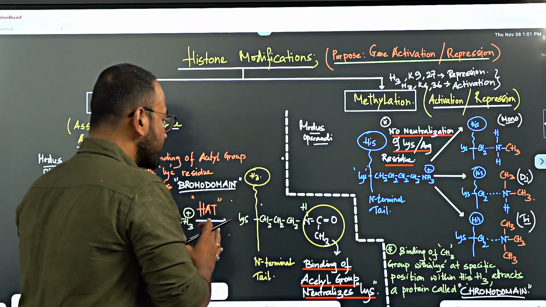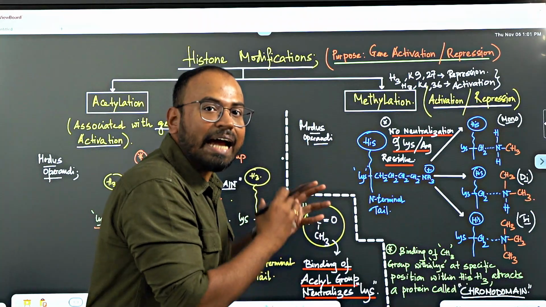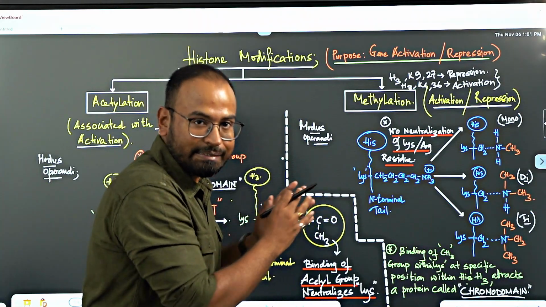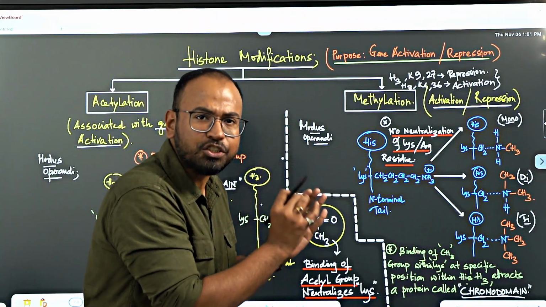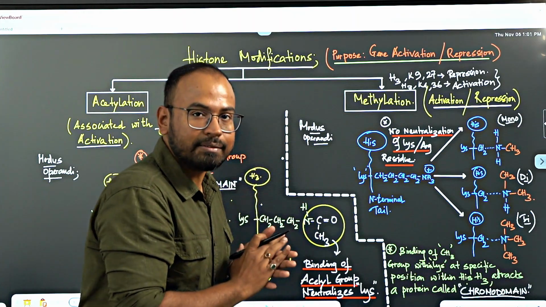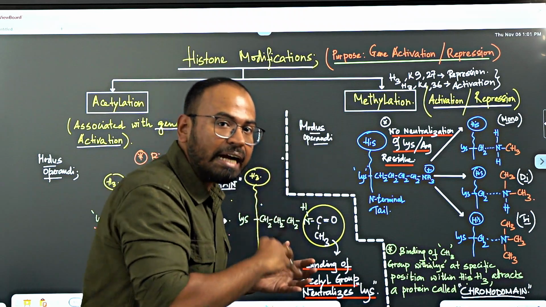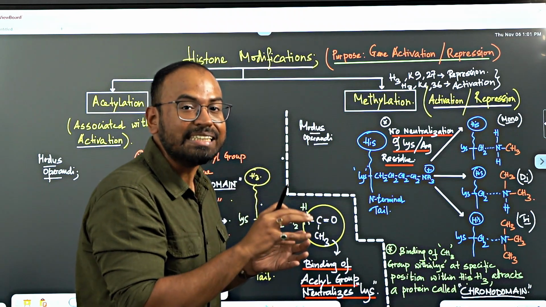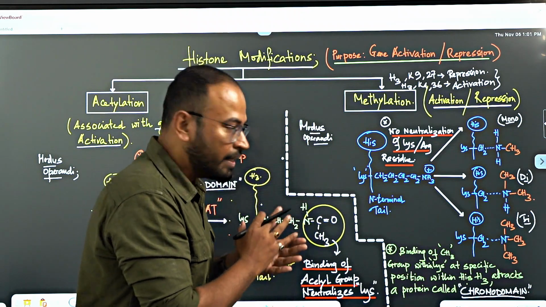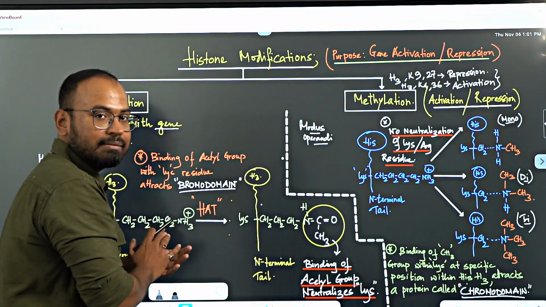Now when this acetylation of histone occurs, mainly at histone H3, there lie certain proteins or domains that get attracted towards this acetylated region. These proteins are bromodomains.